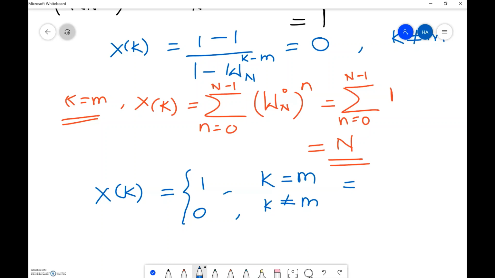Defined at k equal to m. I'm sorry, this is N, right? So N into delta of k minus m. Therefore, that's an impulse function defined at k equals m and having an amplitude of capital N.